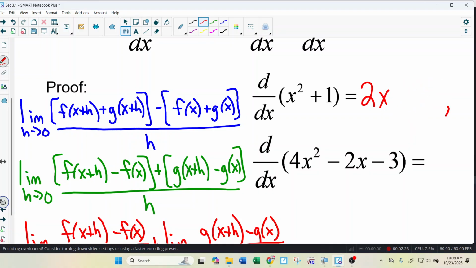So, or just 2x. So, what would be the derivative here? I could just take the derivative of each part. The derivative of 4x squared would be 8x. The derivative of negative 2x is just negative 2. And the derivative of 3 is 0. So you can just do each one separately as you take the derivative. Okay.